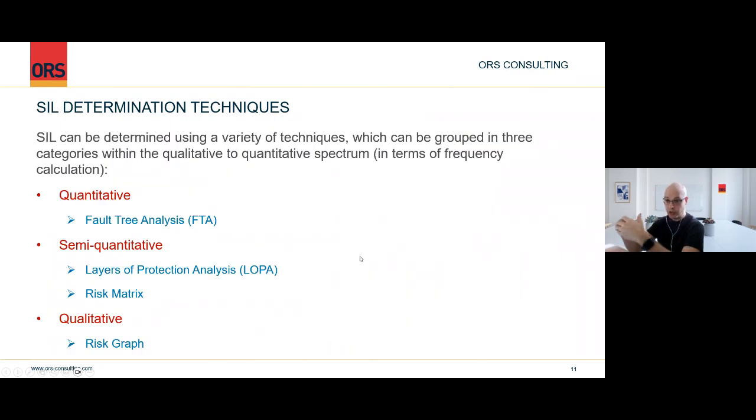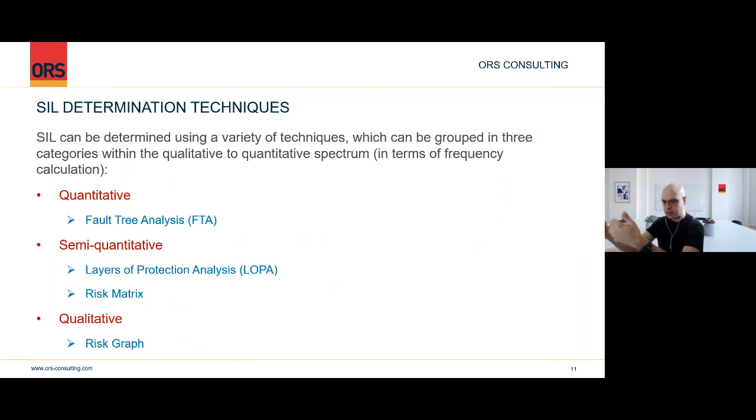Now, we normally do this with different techniques, right? There is a variety of techniques to do SIL determination, and they are on a spectrum from more quantitative to more qualitative. Completely qualitative is the risk graph, although as I said, if you calibrate it properly, there is a quantitative aspect to it in the calibration process.